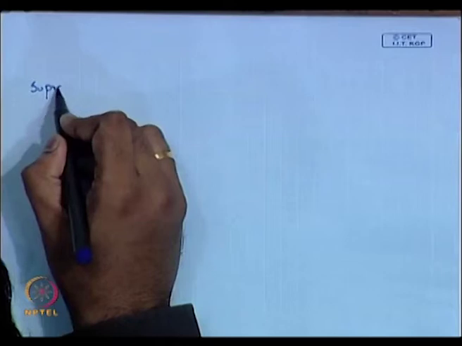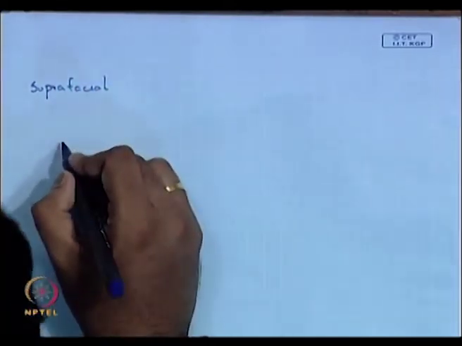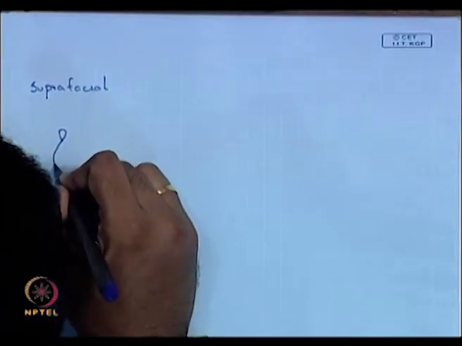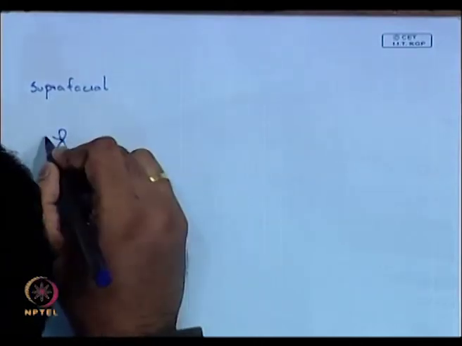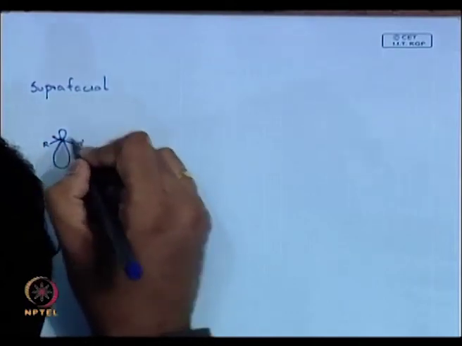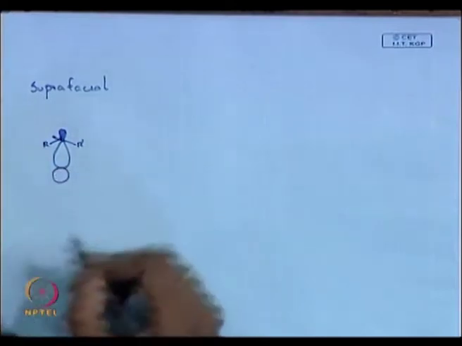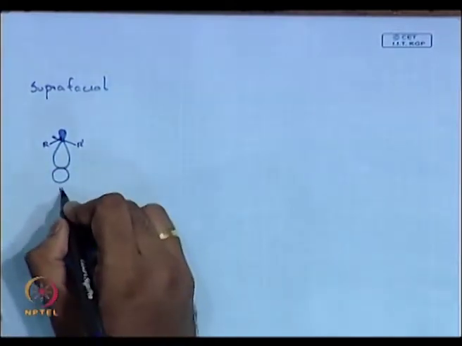I will just show how you can see this in an orbital way. If I want to draw suprafacial, okay, so my R and R prime, and this is my hydrogen which I am talking about, okay.